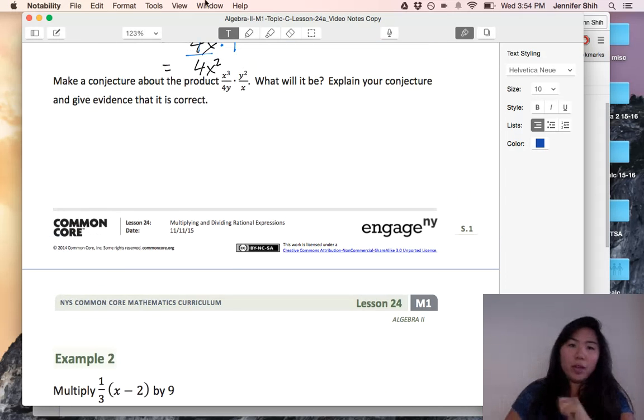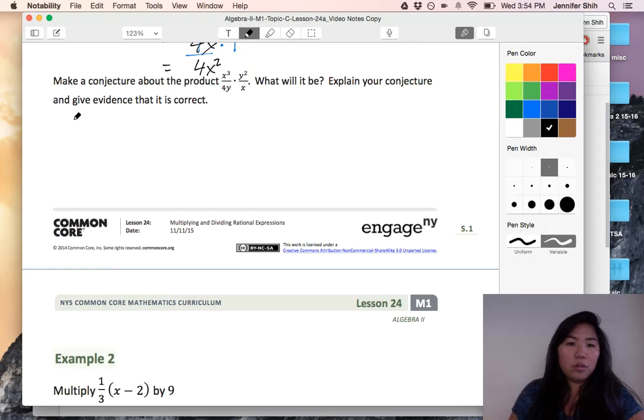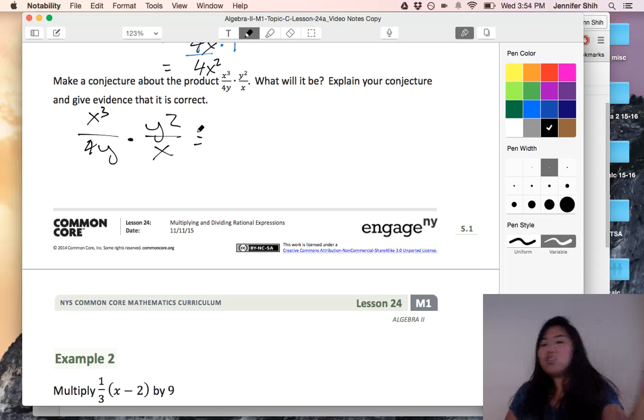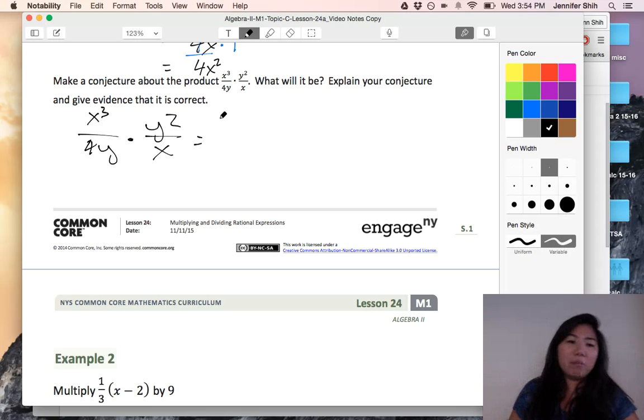So, with your pen, you are going to rewrite the problem first. x cubed over 4y times y squared over x. And instead of crossing things out and getting lost in all the x's, let's just multiply across, and then we'll simplify. We'll have x cubed y squared over 4y times x.